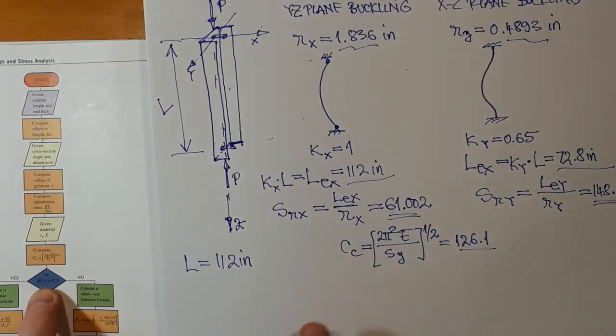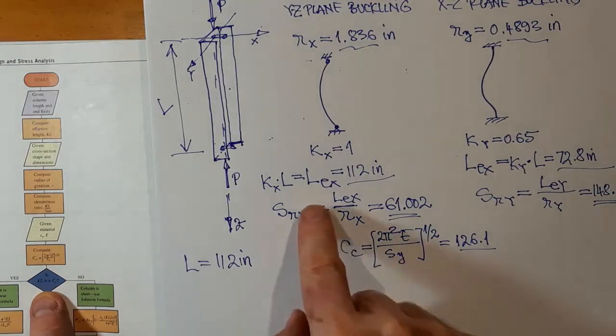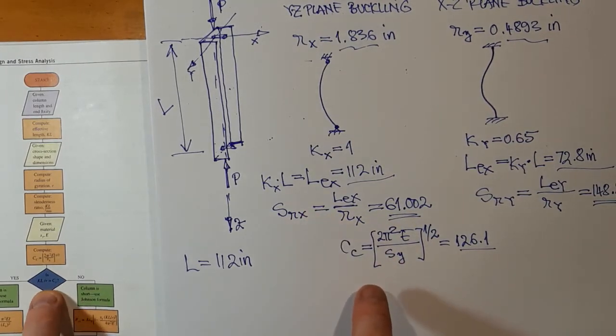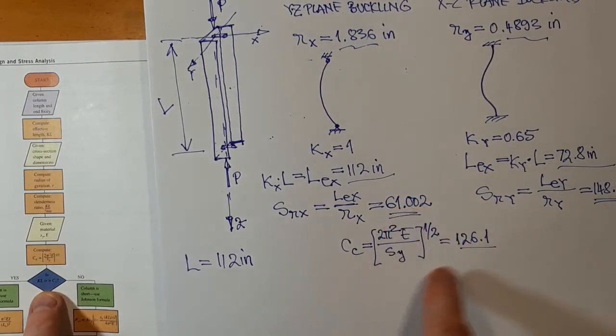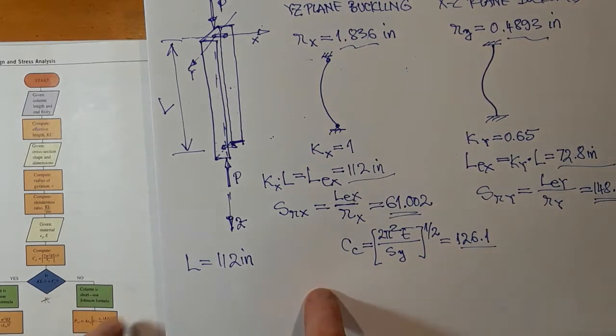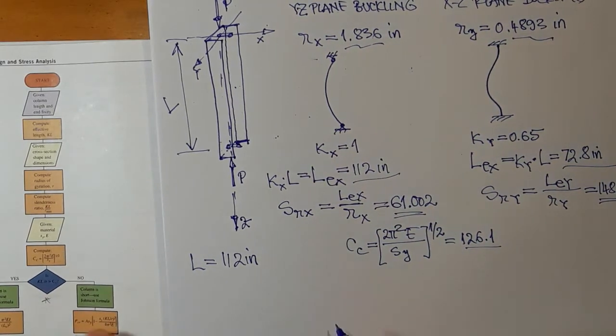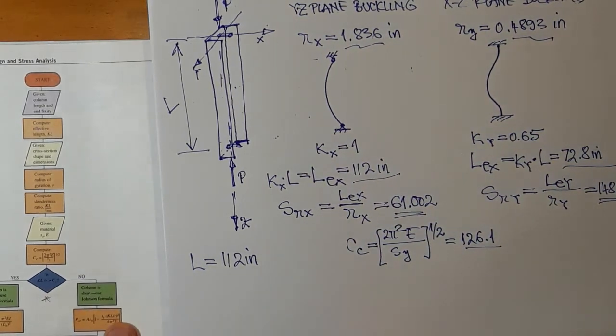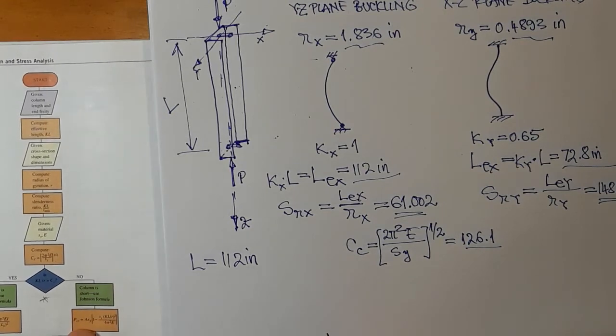Okay, so we have one value, a slenderness ratio, that is less than the Coulomb constant. So here we have plastic buckling according to Johnson.